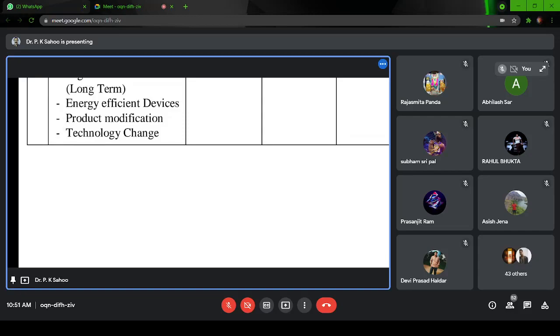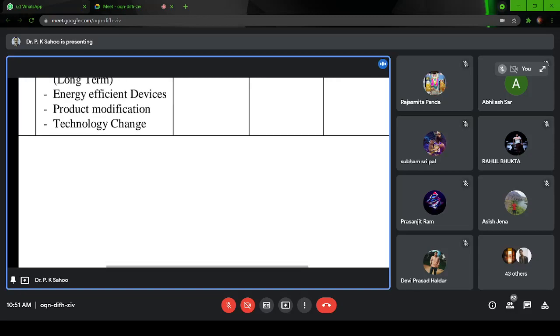And the second thing is product modification. What is product modification?